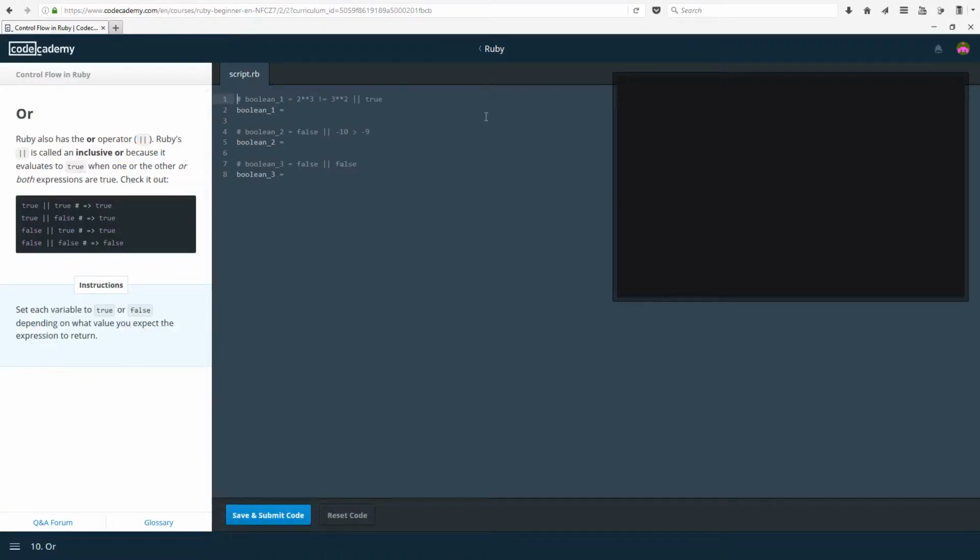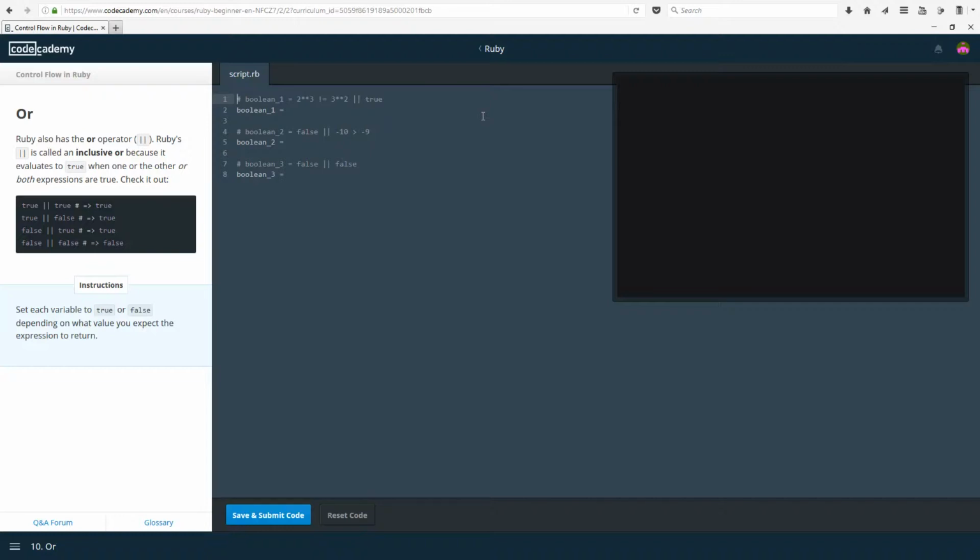Moving on. Then we have the OR. So, just like in normal life, OR would mean that if one of them is true, the output is going to be true. If both of them are true, the output is again going to be true. So, Ruby's is called an inclusive OR because it evaluates to true when one or the other or both expressions are true.